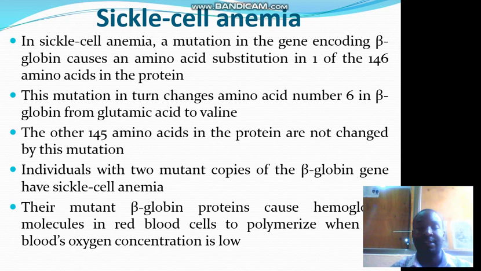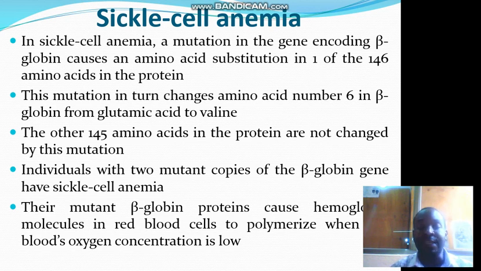They remain intact. Now, when an individual has two mutant copies of the gene coding for the beta globin of hemoglobin, such an individual will suffer from the condition we call sickle cell anemia.